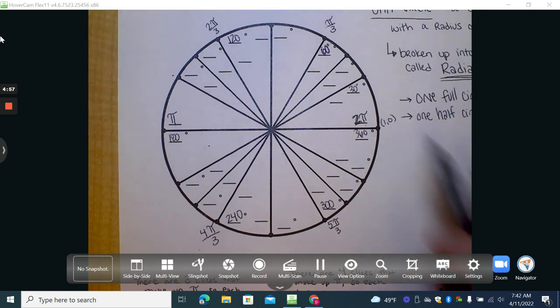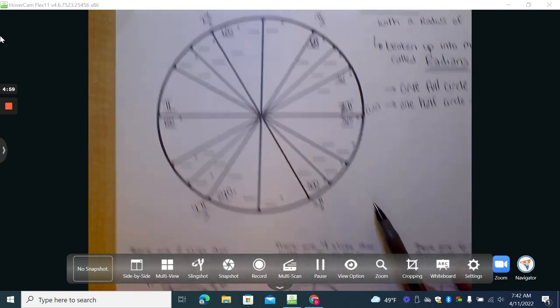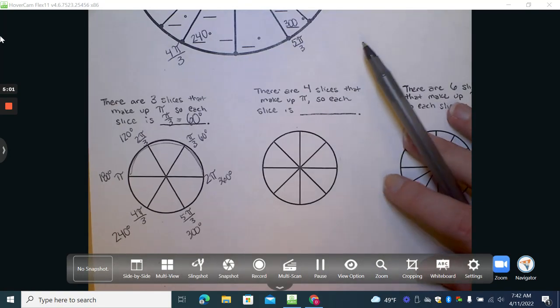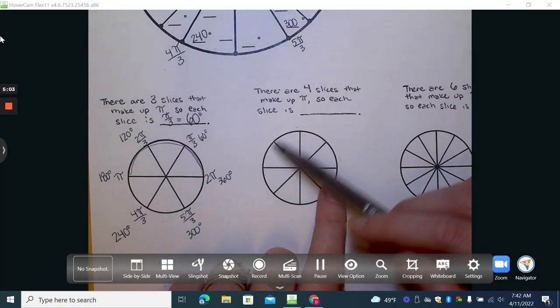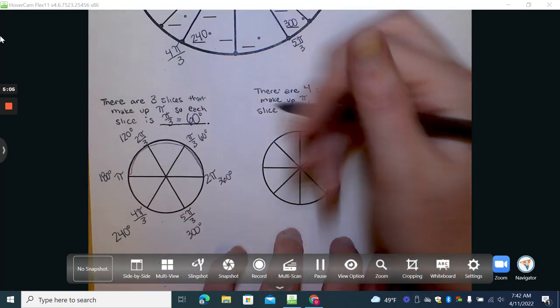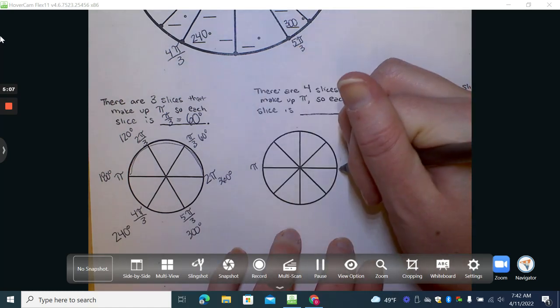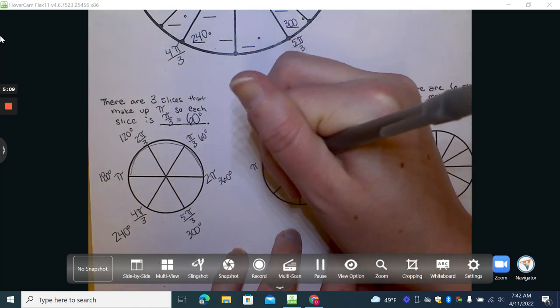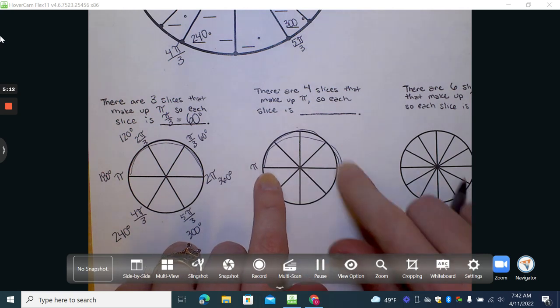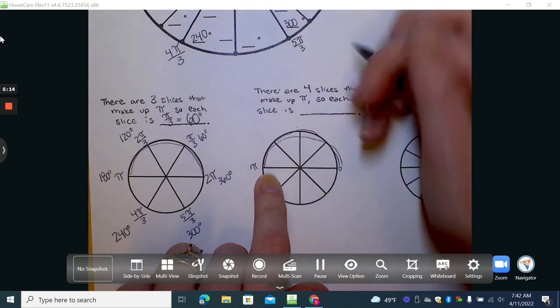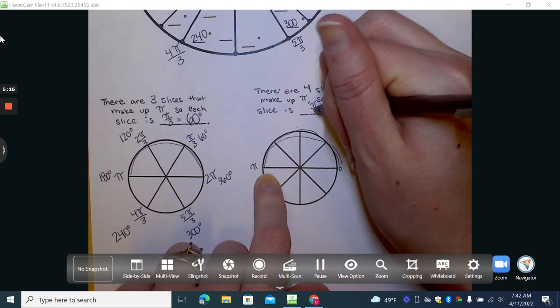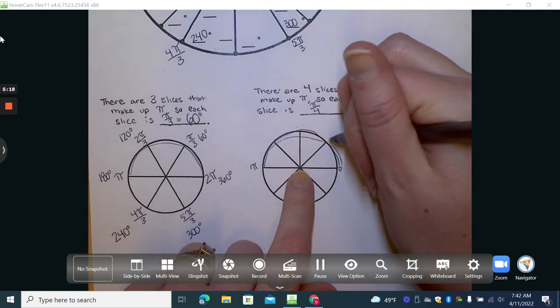We're going to talk about a few more segments here, specifically the segments where I take pi and split it into 4 slices. So here's pi, here's 0. If I'm going from here to here and split it into 4 slices, each of these slices is 1/4 pi, or pi over 4.